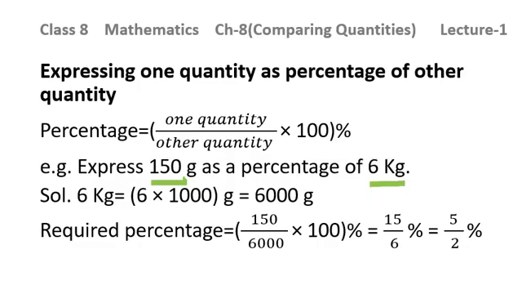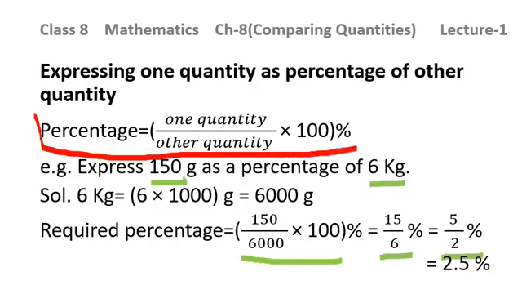That will give you 15 over 6%, which is 5/2%, and finally 2.5%. So if you need to express one quantity as a percentage of another quantity, then you need to use this formula. This is the formula you are supposed to use.